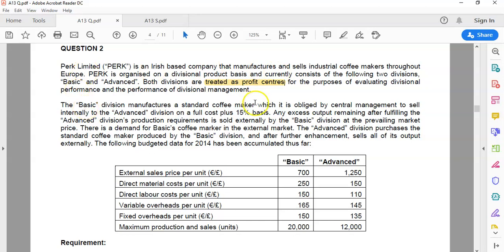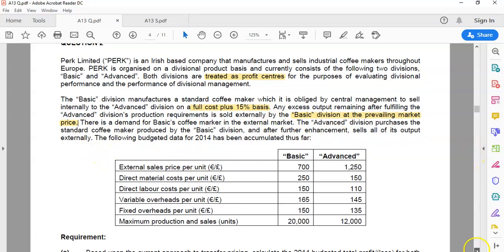The basic division makes a standard coffee maker and is obliged to sell to advanced, and this is the transfer price, full cost plus 15%. Any excess output that advanced does not need, basic can sell externally. So there is an external market for basic, but they first have to satisfy the internal demand. Advanced purchases the standard coffee maker from basic, and after further enhancement they sell it on.